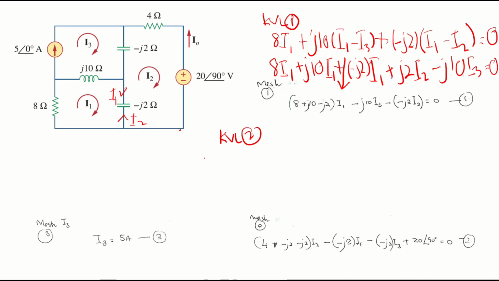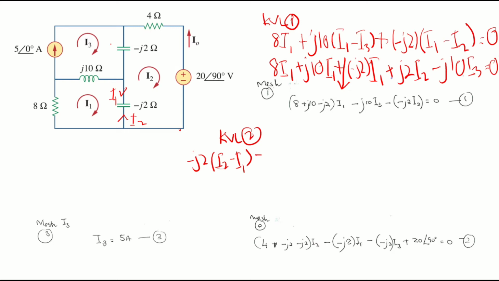For mesh 2, we have I2 minus I1 across j2. The primary is I2, that's why we write I2 minus I1, compared to this one here, because the primary loop is I1, so that's why it is I1 minus I2.